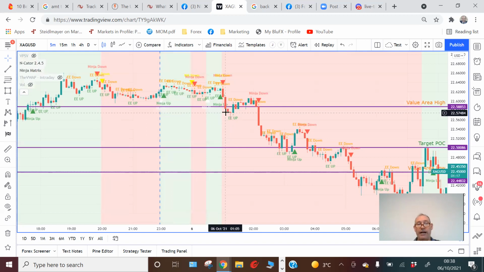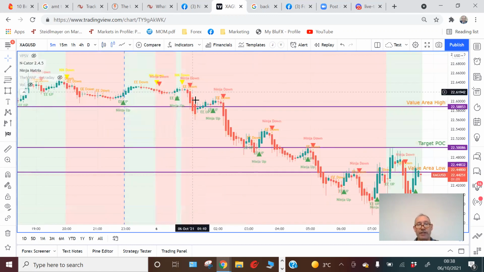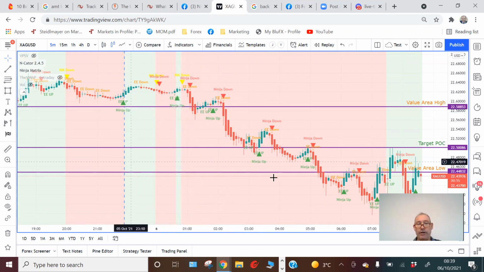If they did, you wouldn't enter the trade, the original one, and we'll keep it to that one just now, until it's inside this value area between this one and this one.